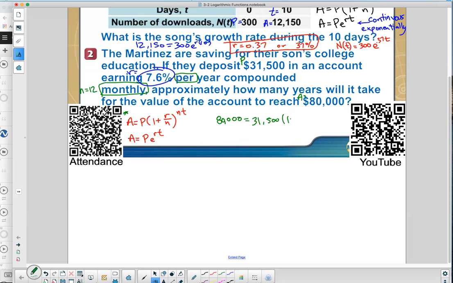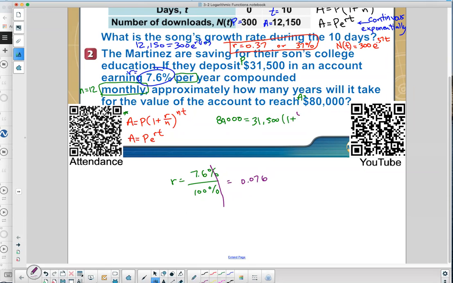And I'm going to go parentheses 1 plus the rate. The rate is 7.6%. If you don't know, the way to get rid of percentage is to divide by 100%. That would leave you with 0.076. It moves the decimal 2 times. 1, 2.